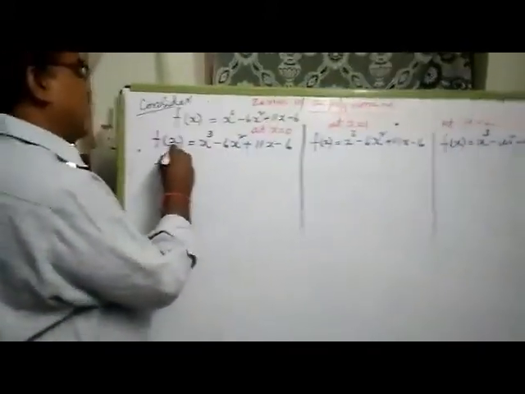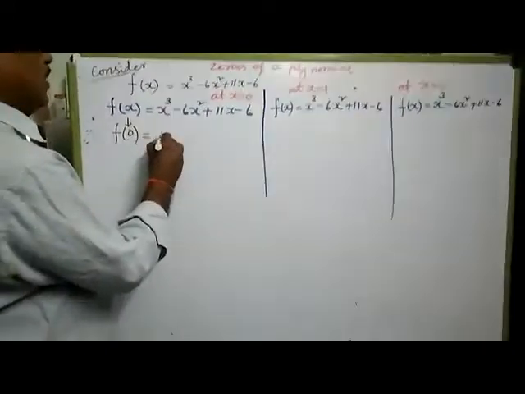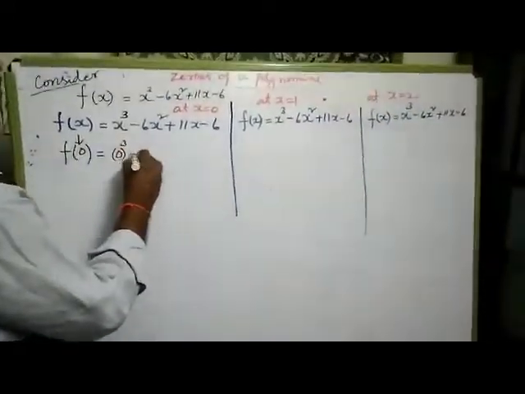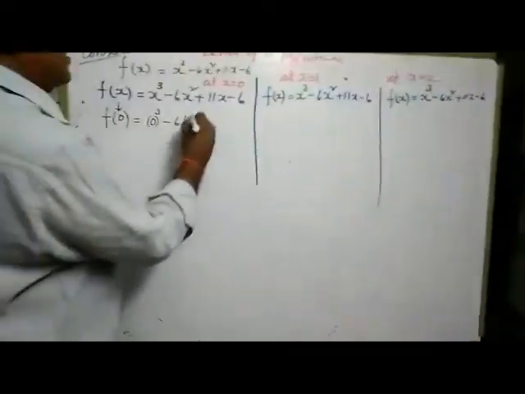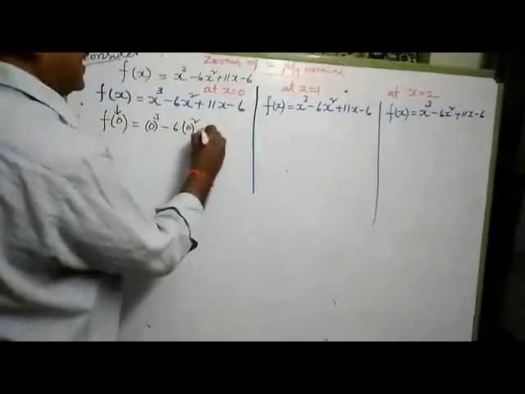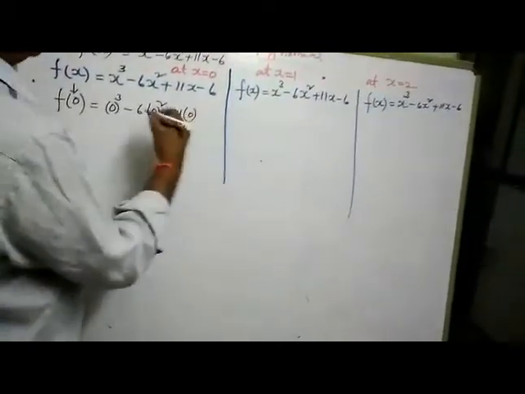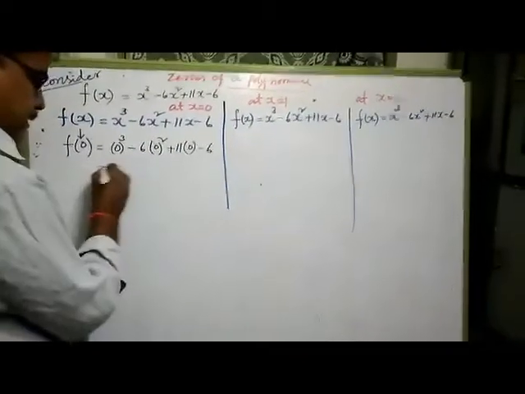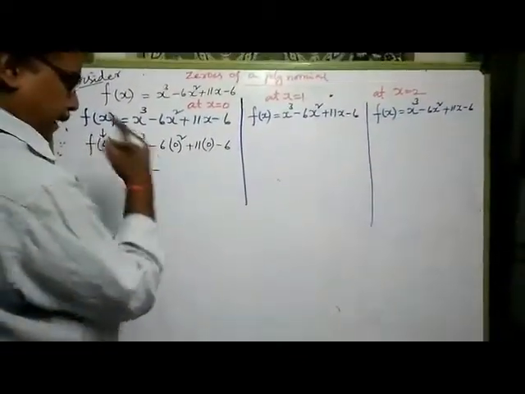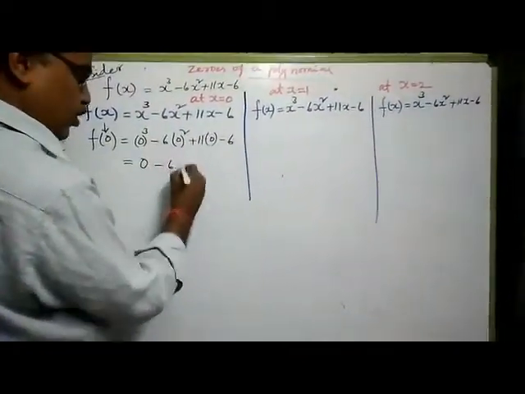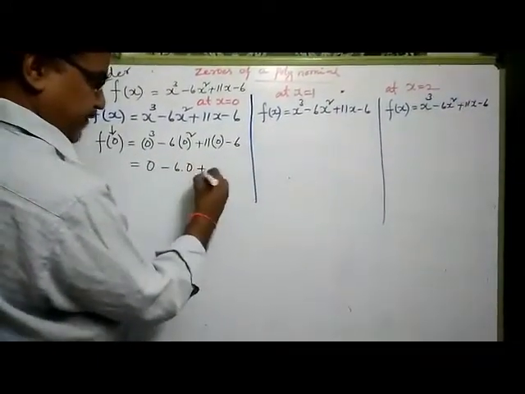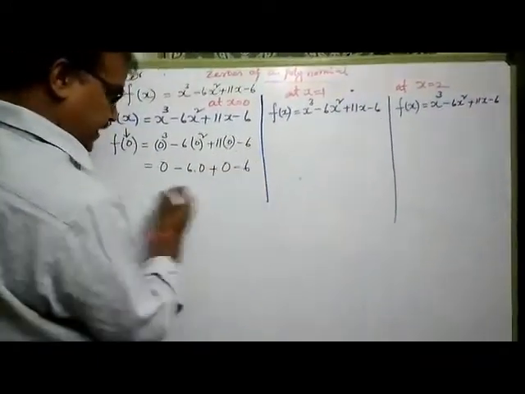F of 0 is 0 whole cube minus 6 into 0 square plus 11 into 0 minus 6. 0 cube is 0, minus 6 into 0 square value 0, plus 11 into 0, 0, minus 6.